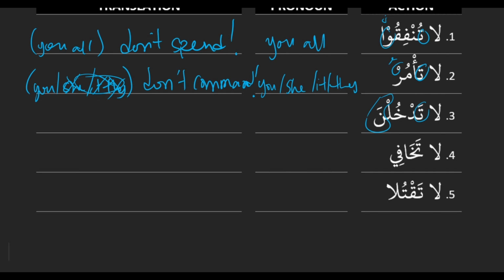So should we just assume it's bald because we're doing forbidding? Yeah, just assume it's bald. So ta plus sukun and na means you all feminine. And then the translation would be: dakhala is to enter, so you all do not enter. Good. Don't enter, women. Do not enter.